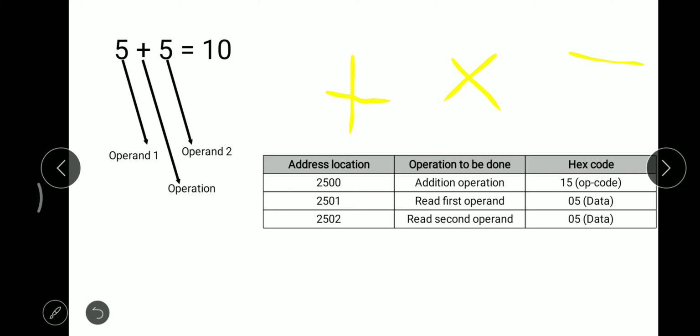This is the immediate response of your brain. And in order to do that addition operation, your brain is expecting two numbers, either two numbers or three numbers, whatever.